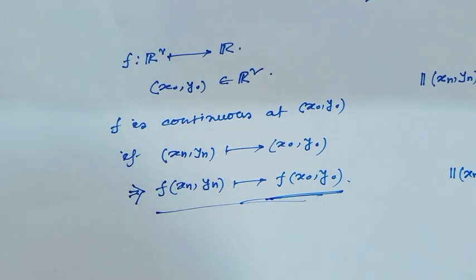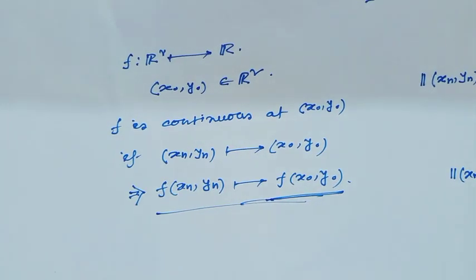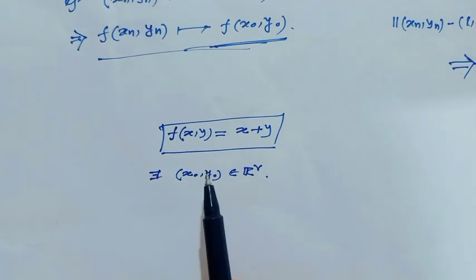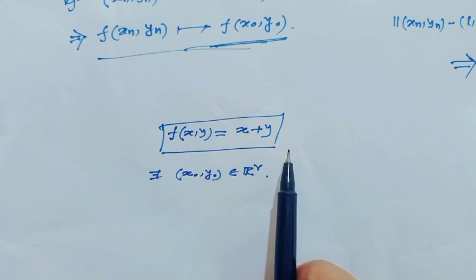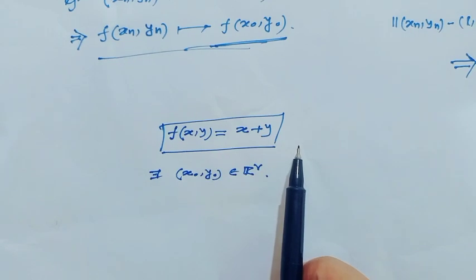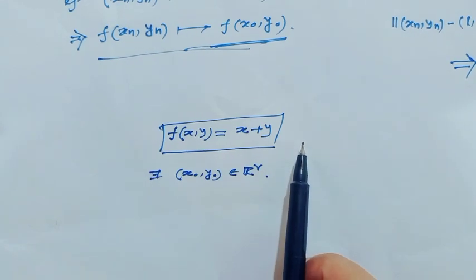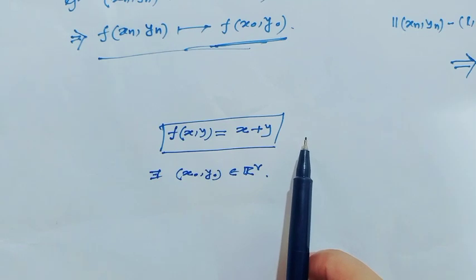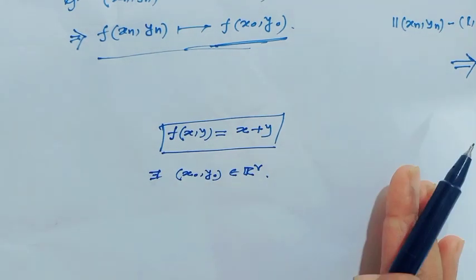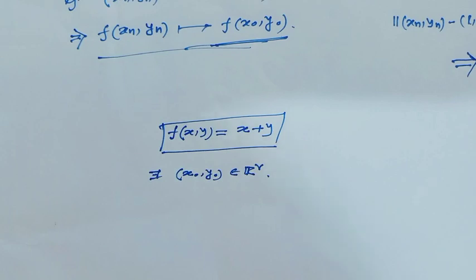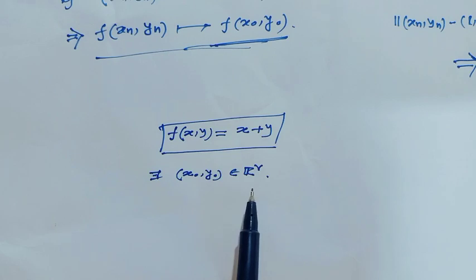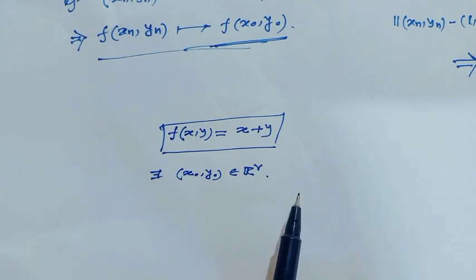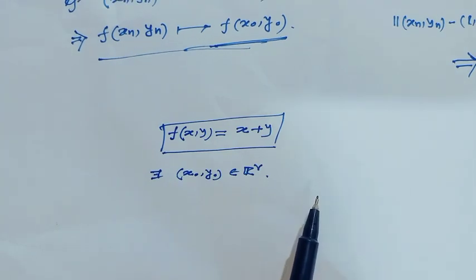As an example, at first I will see one easy question: f of (x, y) equal to x plus y. I will say this is continuous for all (x, y) belonging to R2. For this, just consider one arbitrary point (x0, y0) belonging to R2. I will prove this sequentially.